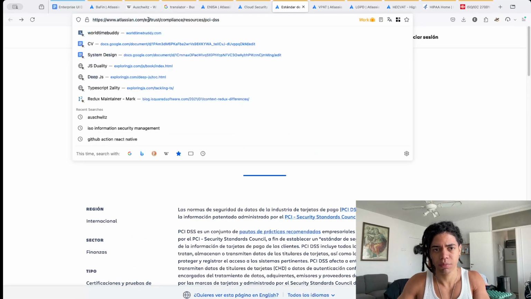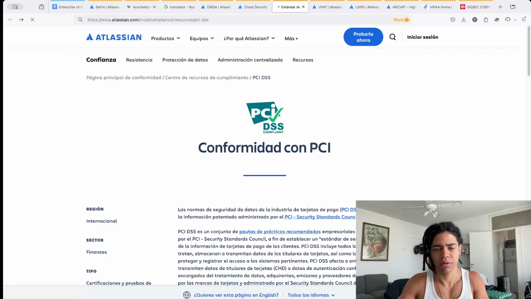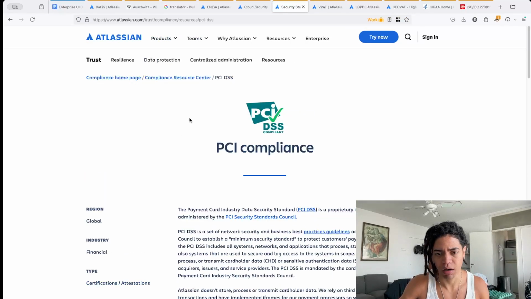This is also something interesting here, where they put that in this payment card industry. Damn, so the PCI compliance, payment card industry compliance. It's a proprietary information security standard administered by the PCI Security Standards Council.